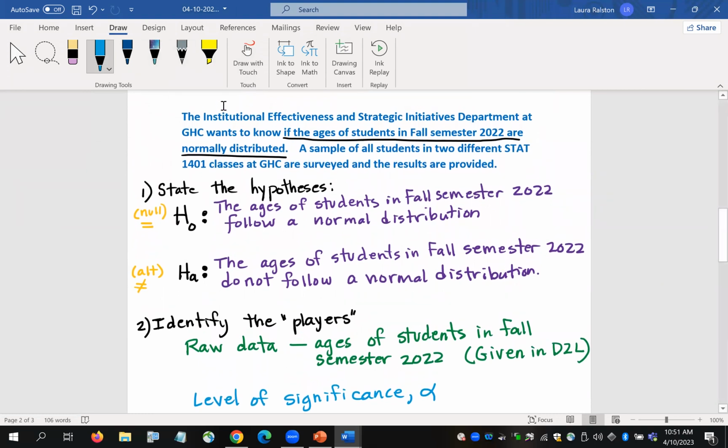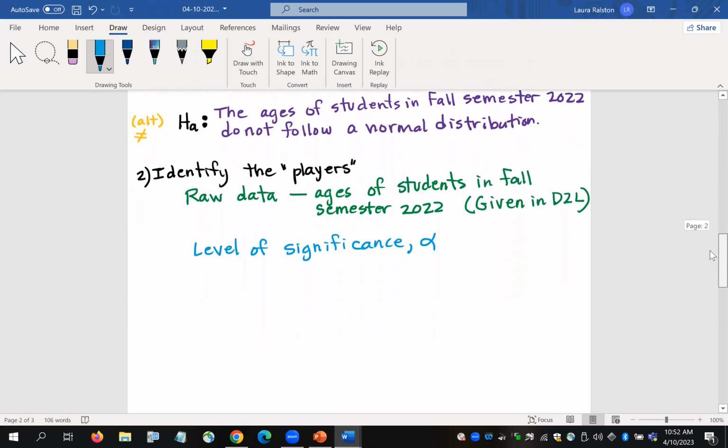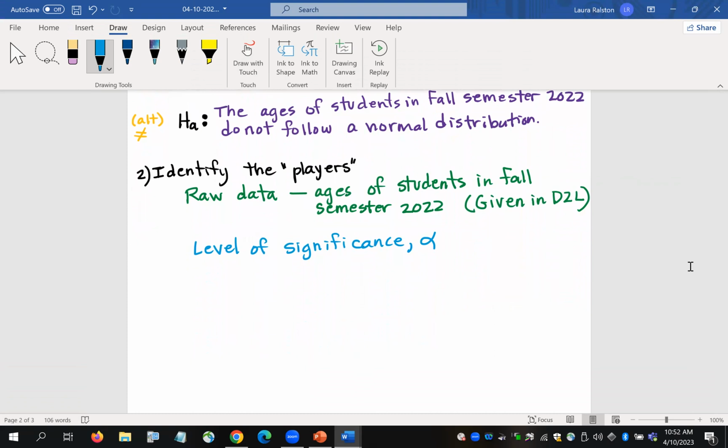But if I go back up here and look at this paragraph, it doesn't say to use a level of significance of any kind. It doesn't talk about it. Guys, if it's not stated, the default is always and forever 0.05 or 5%.